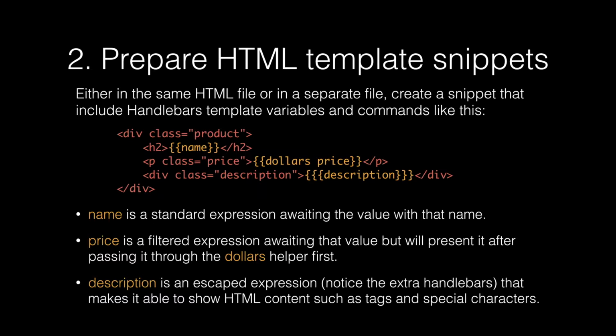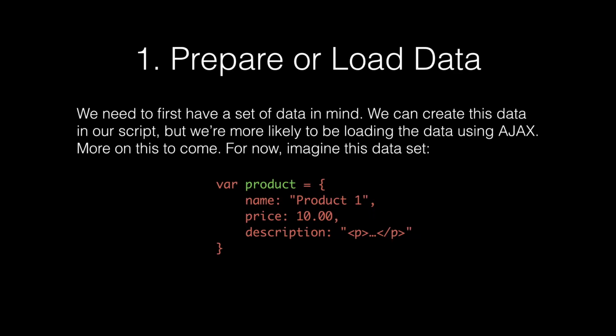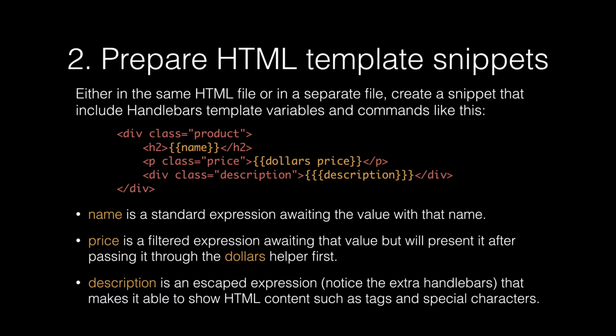So the idea is there that inside of those double curly braces, or double braces, we're going to be injecting the name property from the product we loaded. Remember that product had a name, a price, and a description. Okay, so those double curly braces are kind of the normal situation. All right, so most of the time we'll be using those. So the name here is a standard expression awaiting the value with that name. That is the name of name. That's a little confusing. Trouble with having properties named name.